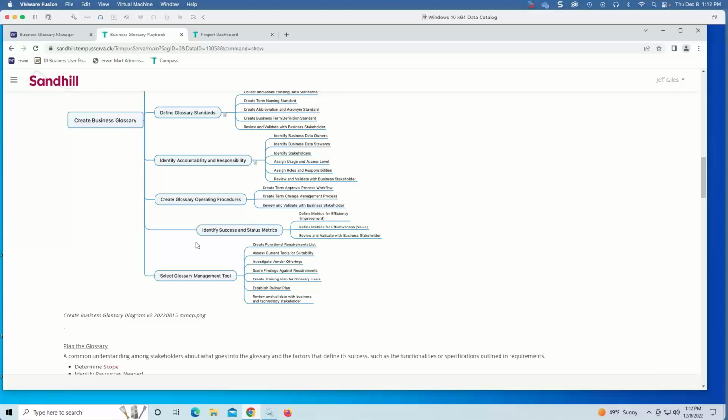And then what are the success metrics or mechanisms that tell us whether we're doing a good job or not within the business glossary.